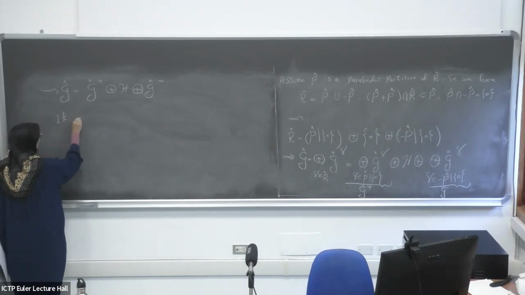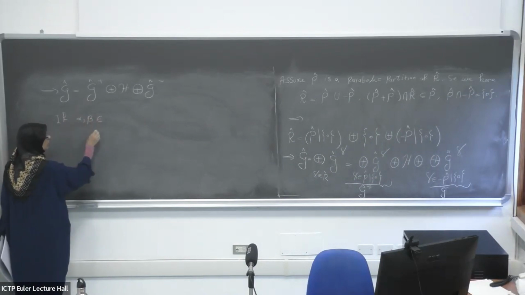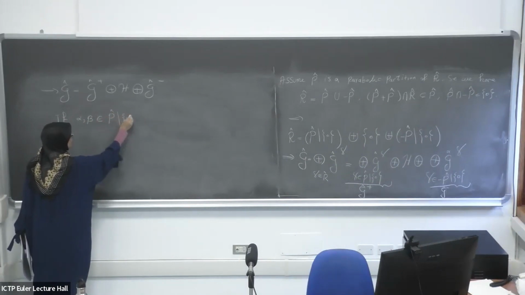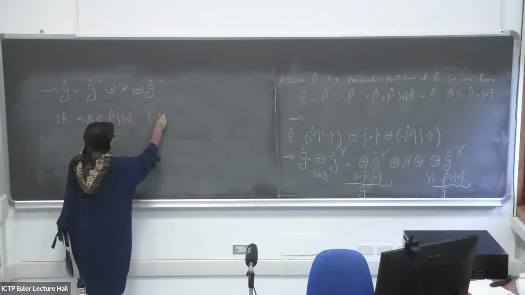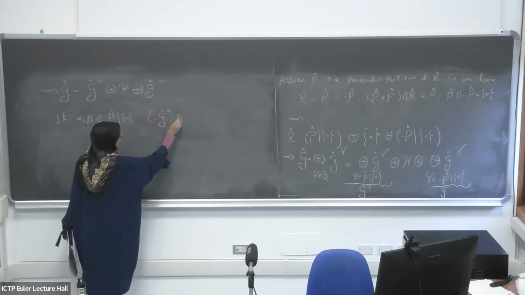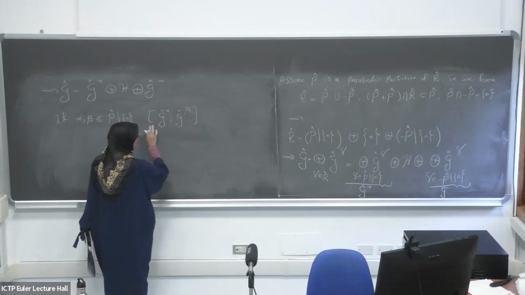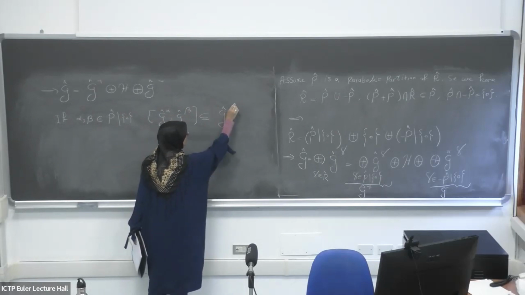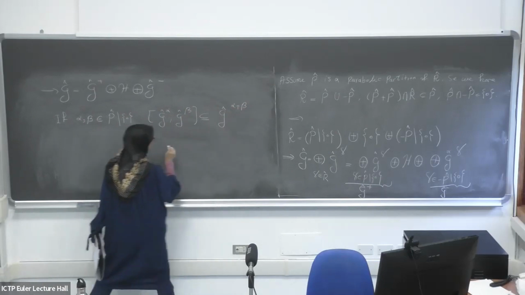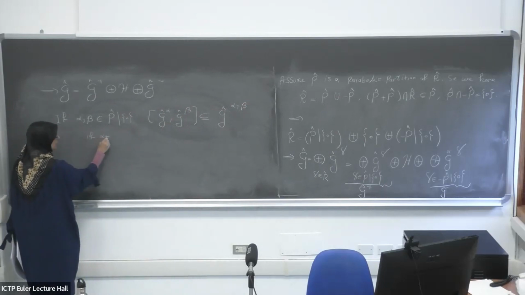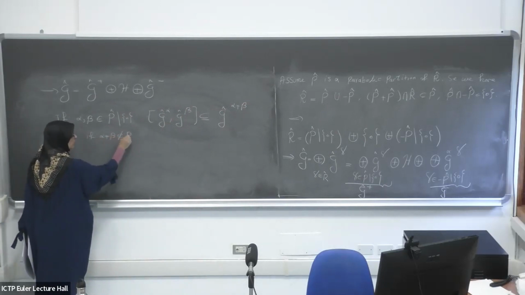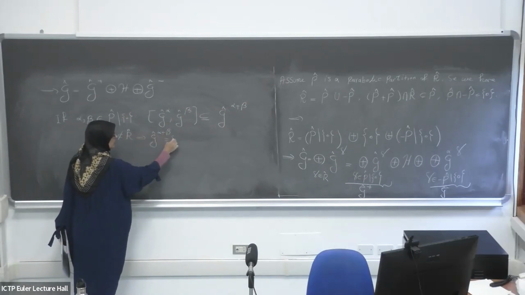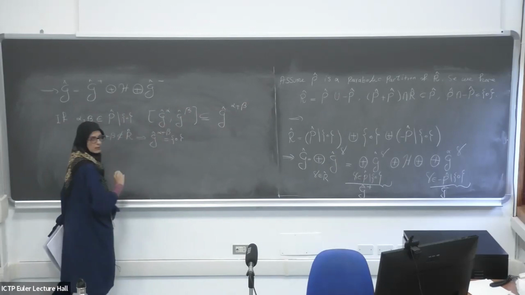If alpha and beta are two elements of P hat minus 0, we look at G hat alpha, G hat beta. But it is easy to see that it is a subset of G hat alpha plus beta. If alpha plus beta is not an element of R hat, then G hat alpha plus beta is 0, and so this bracket is 0.